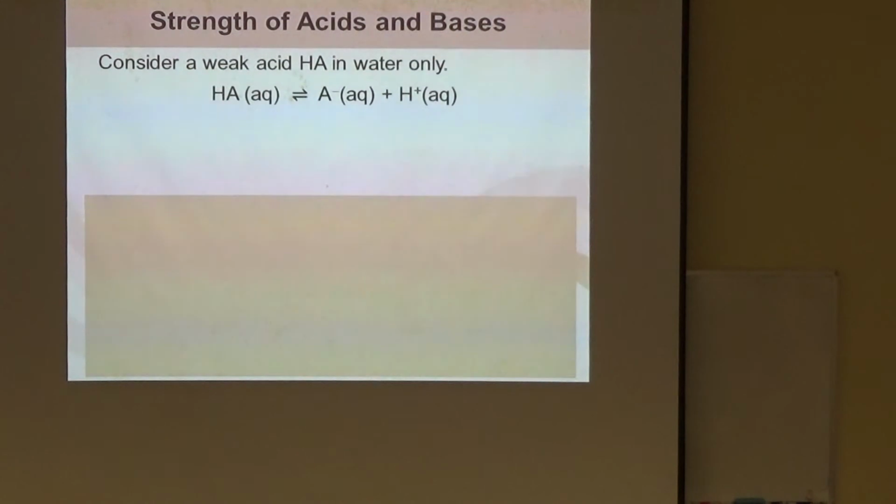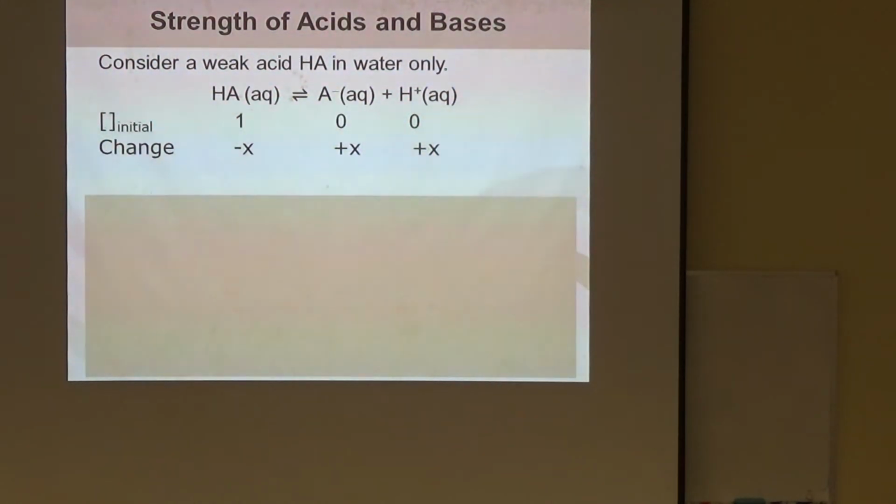Okay, so consider a weak acid in water only. The reason why we write H plus there, not H3O plus, is just to simplify things. It doesn't mean that the H plus really exists. So, if you look at the initial concentration, let's say the weak acid HA is 1, the A minus is 0, and H plus is 0.